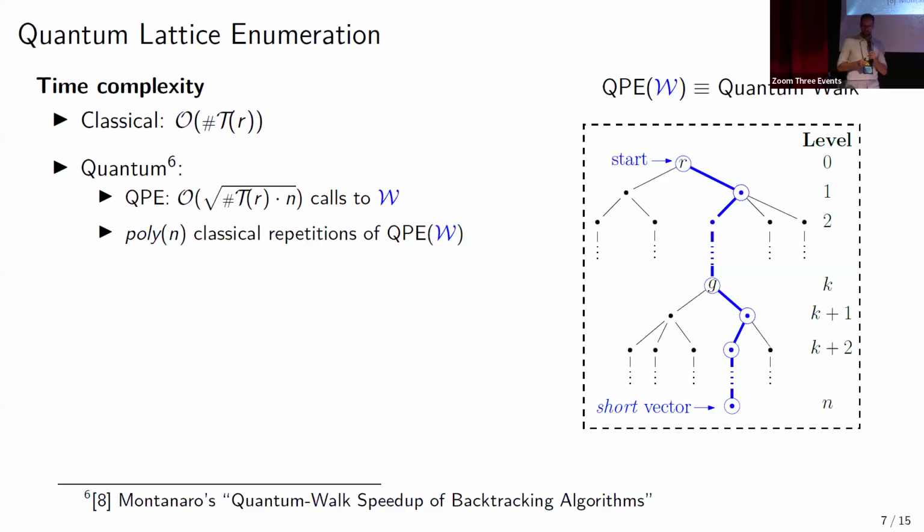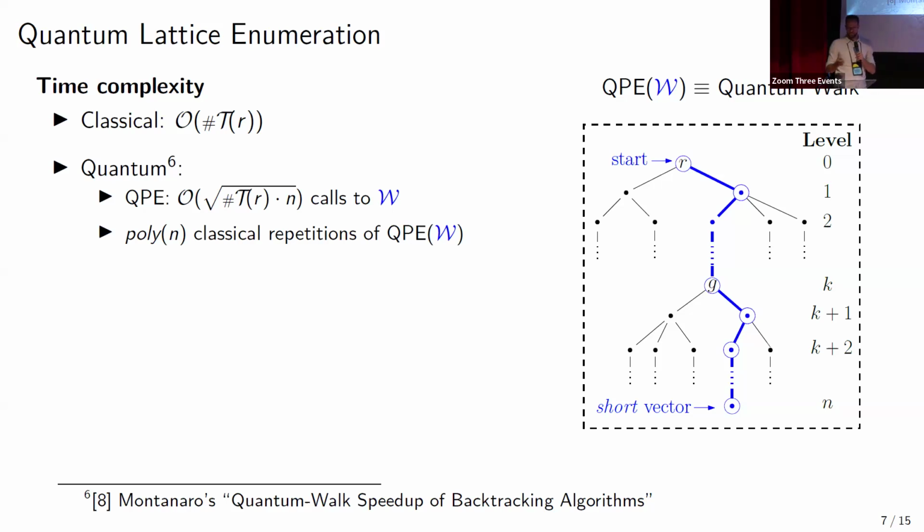The quantum phase estimation applies roughly the square root of the tree size times the height of the tree calls to this operator W, but that only detects the existence of a vector in the tree, and then you need an additional polynomial number of repetitions to actually extract the short vector.